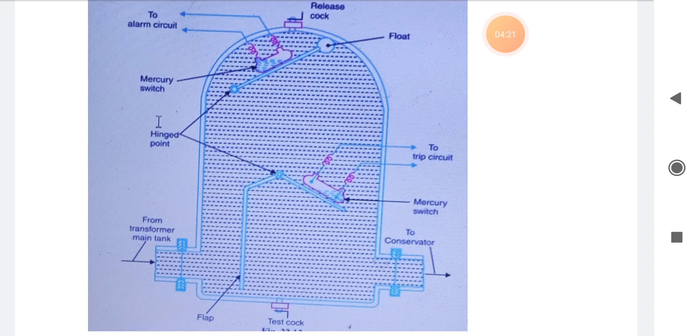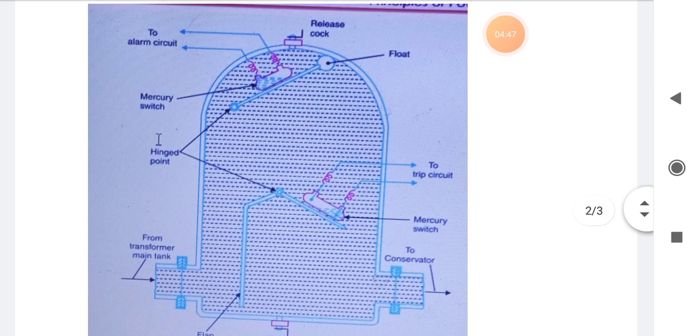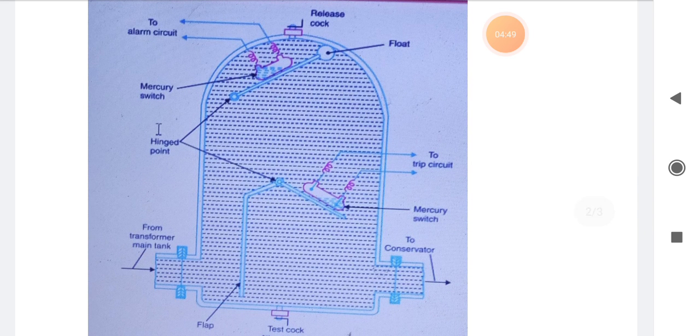There is also a mercury switch which has been connected to the trip circuit. Apart from this, we also have a flap, a test cock, the transformer main tank from where the oil comes in as intake, and an outlet to the conservator. So these are the parts of the Buchholz relay, and now what is its function?